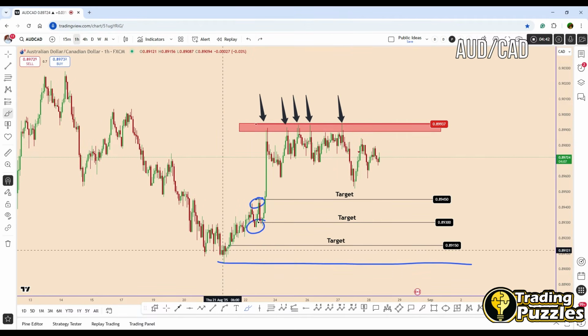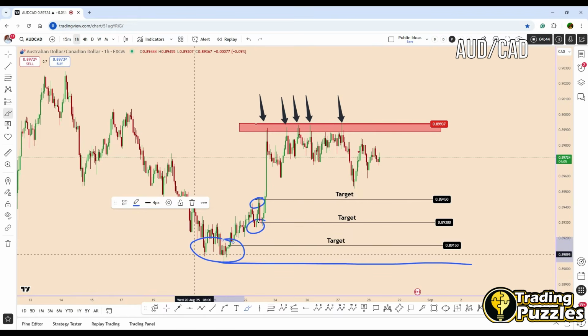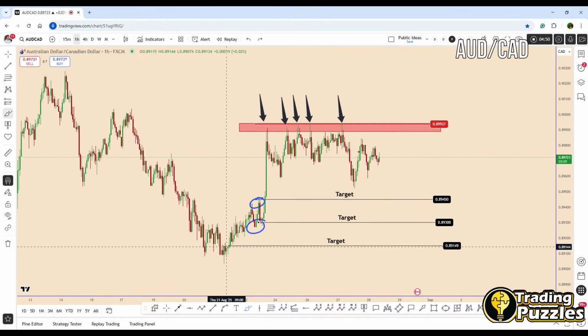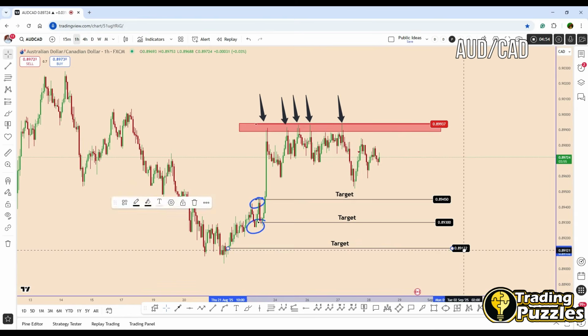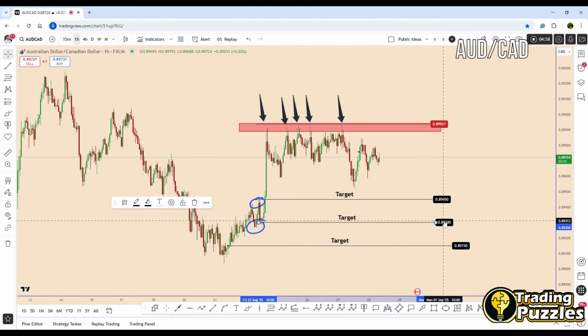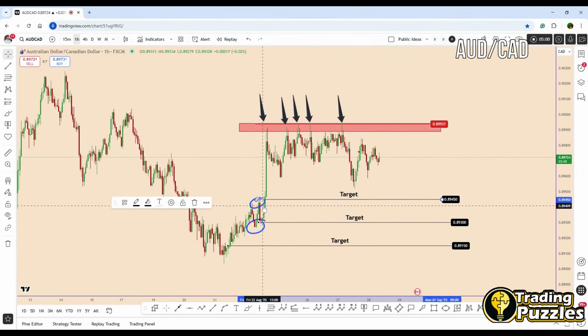That is why I'm looking somewhere in this area where it was tested several times and we have many candles in this zone. So this is the trading scenario that I'm looking at, and why I'm looking for a bearish movement.